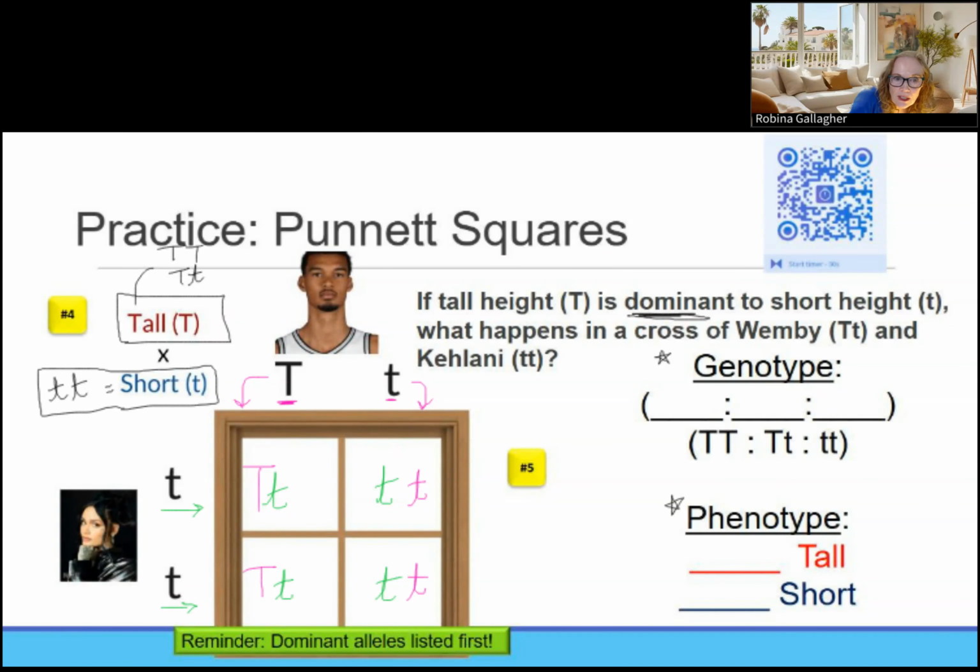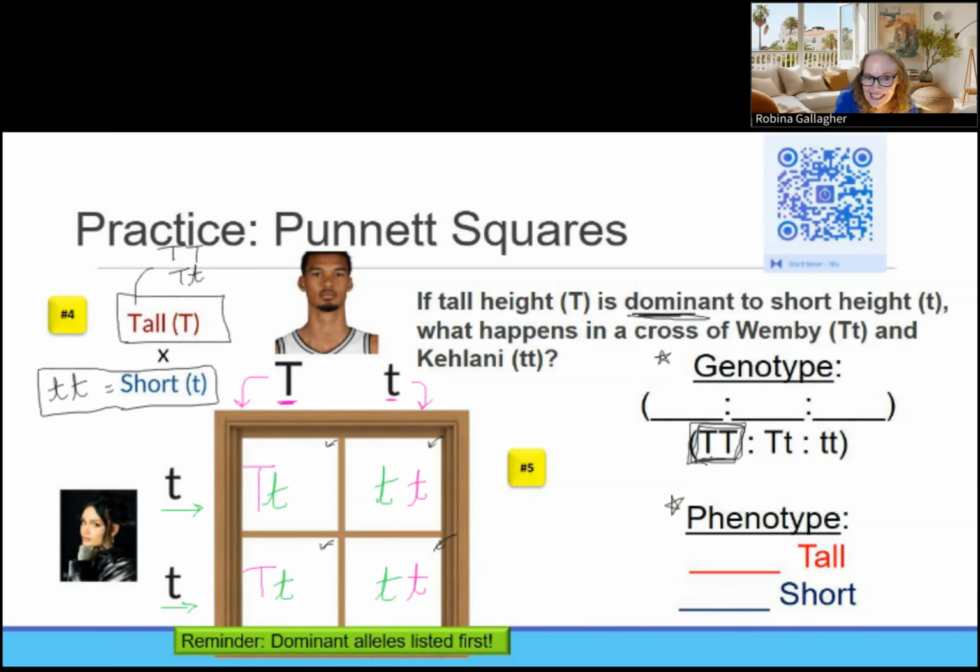Okay, so genotype. What I'm going to do is I'm going to look at these 4 boxes, okay? And I'm going to find how many boxes look like this, look like a big T, okay?